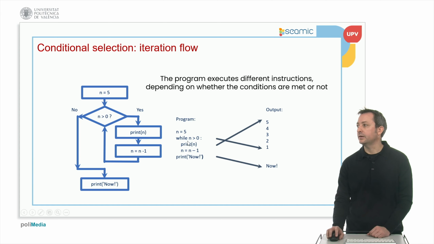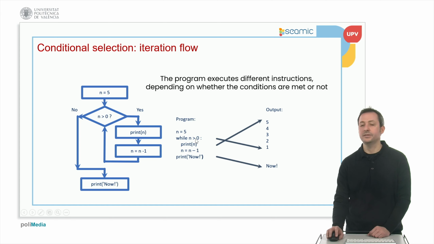Take into account what happens here: the print, and then this instruction is changing the value of n and ensures that at some point this condition will be false, since each time this value will be lower.